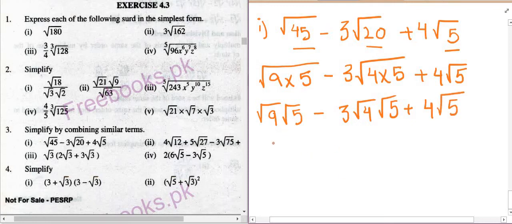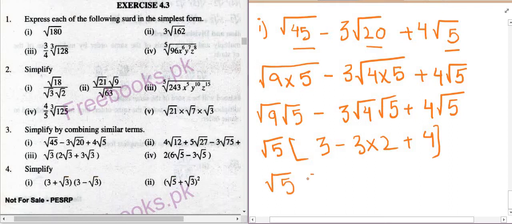Just take the surd √5 common from all these, you will get √5 times (3 − 3 × 2 + 4). This becomes √5 (3 − 6 + 4). 3 − 6 + 4 is 1, so the answer is √5.